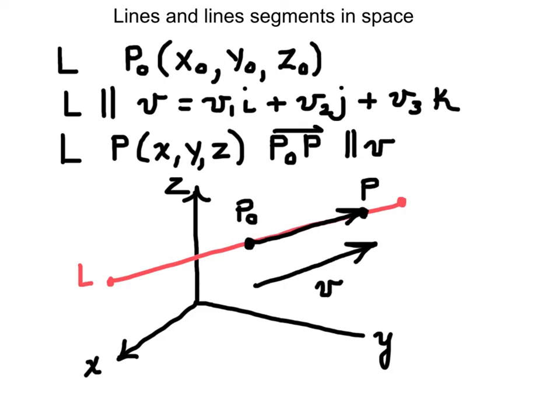The way to represent parallel is we do arrows like this, and this represents that vector v and P naught P, this vector here, these two vectors are parallel.